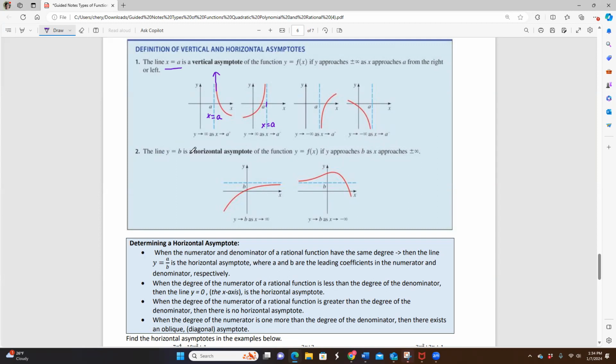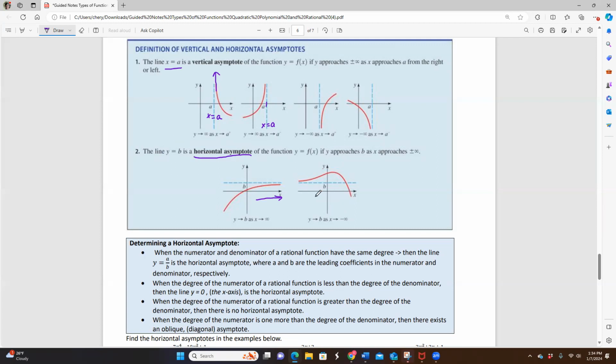Now the line y equals b is a horizontal asymptote, so this is the first time we're getting an introduction to this, if y approaches b as x approaches positive or negative infinity. So here, as x approaches positive infinity, my curve is approaching some horizontal value, y equals b.